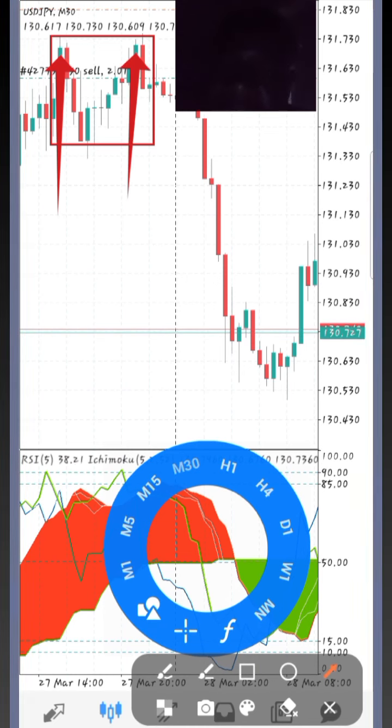Under normal circumstances, I would have allowed the price to drop down and hit this previous support level, then I take a sell after it breaks this previous support level.